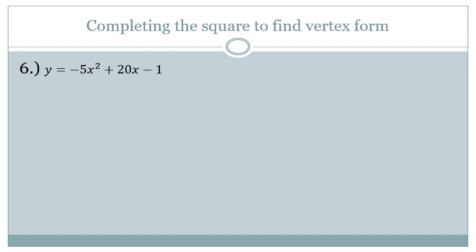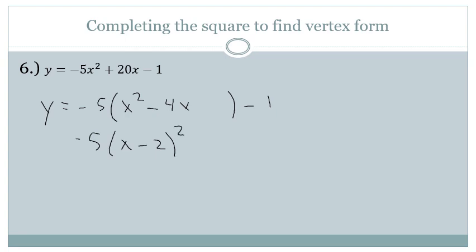All right, last one. So this one has a negative 5 out front. So when we pull out a negative 5, remember, pulling out a negative is going to switch signs, okay? So when we do 20 divided by negative 5, that's a negative 4. Okay, that means we're going to have negative 5 times x minus 2 squared, plus that 4, and then if we square that negative 2, it's going to become a positive 4.